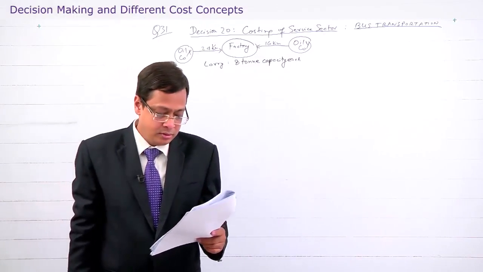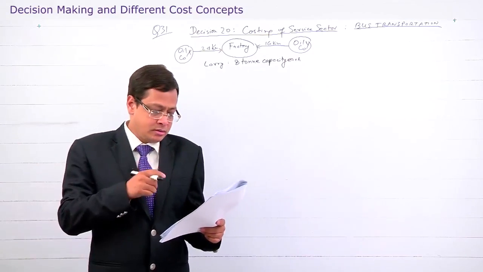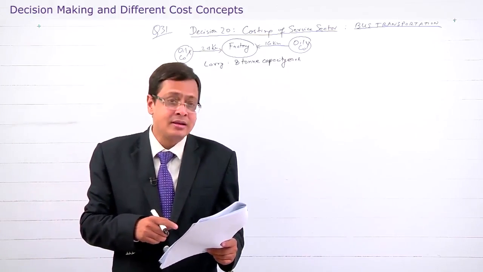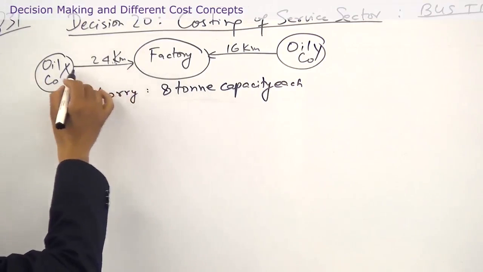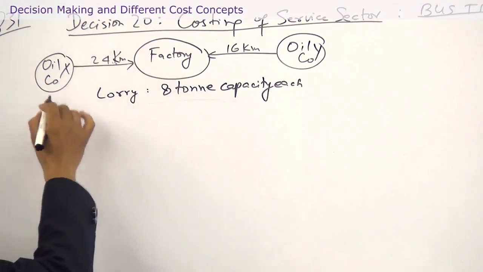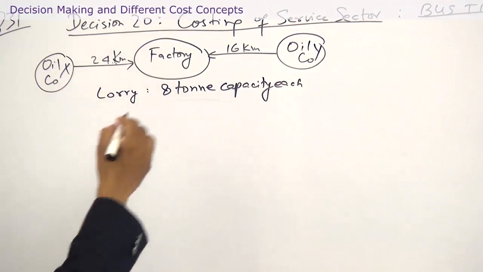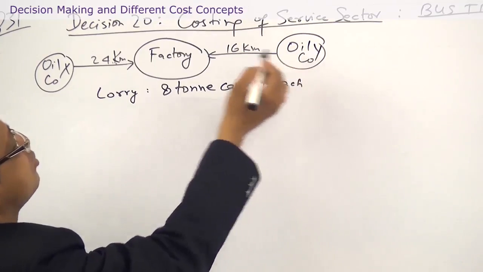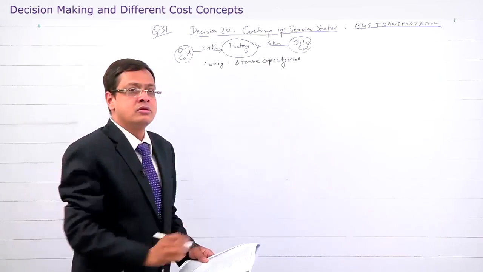What does this mean? It is a to-and-fro journey. When the lorry goes from oil company X to the factory, it is loaded. But when it returns, it is empty. Likewise, when oil company Y sends to the factory, it is loaded, but when it returns, it is empty.